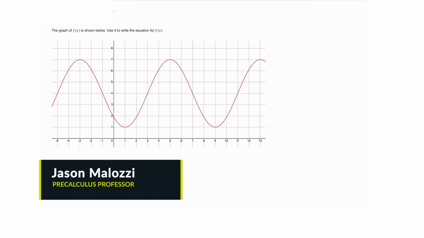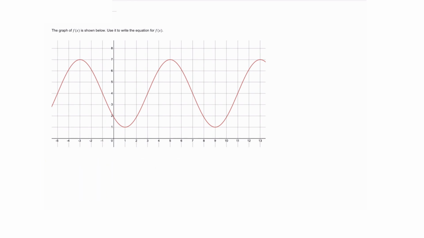What we're going to do in this video is, given the graph of a sinusoid, try to write its equation. With the graph of a sinusoid, there are many things to consider. We need to look at the period of the graph, the amplitude, the midline to see if there's any vertical shifting, and the phase shift.